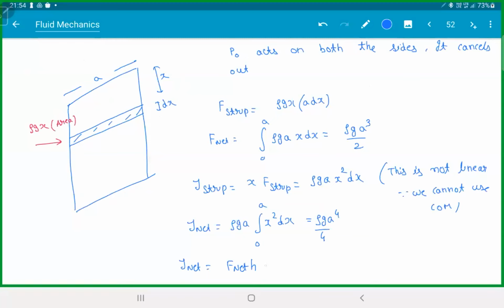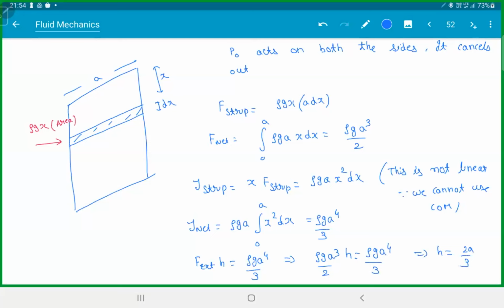And what is F net? So the torque net will be F external into h is equal to rho g a power 4 by 3. F external is rho g a cube by 2 into h is rho g a power 4 by 3. H is equal to 2a by 3.